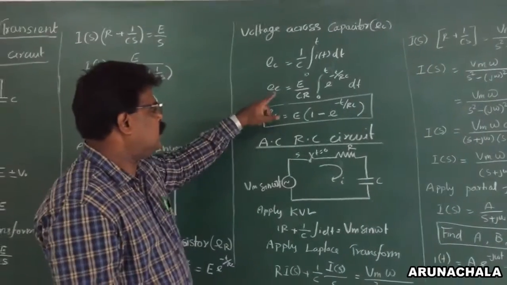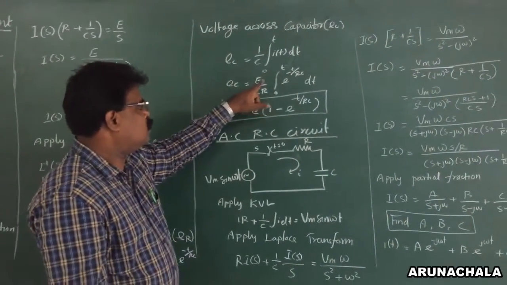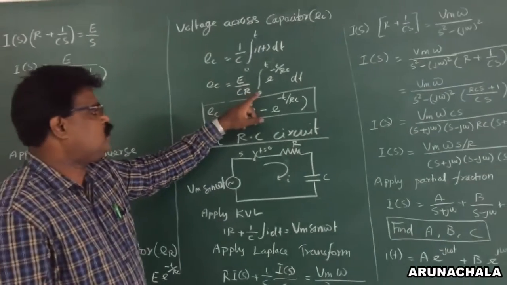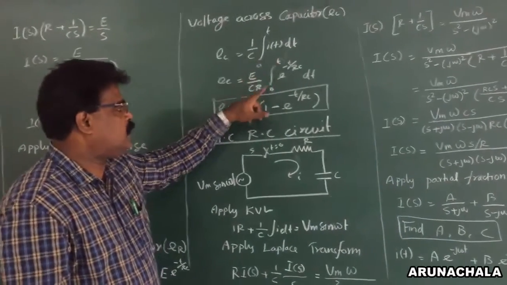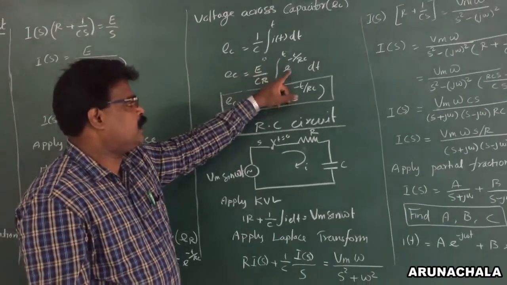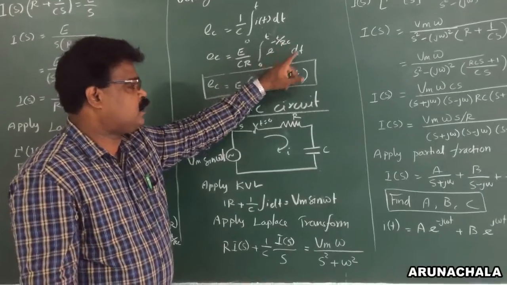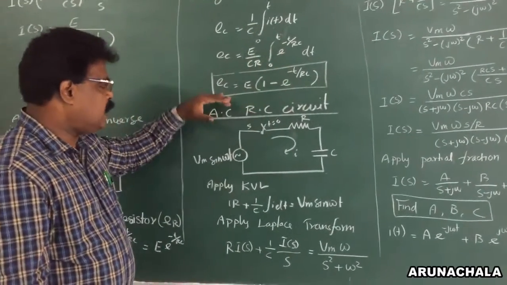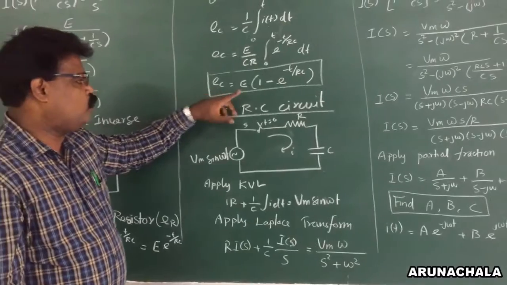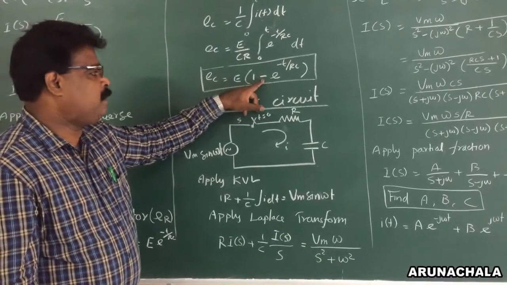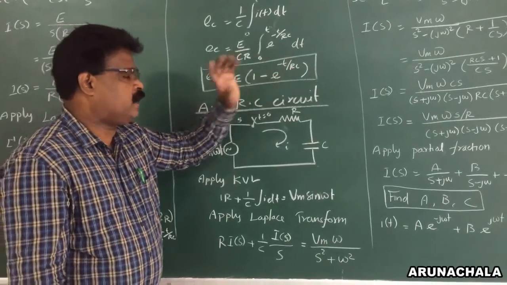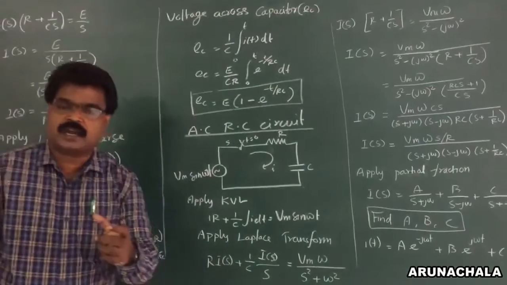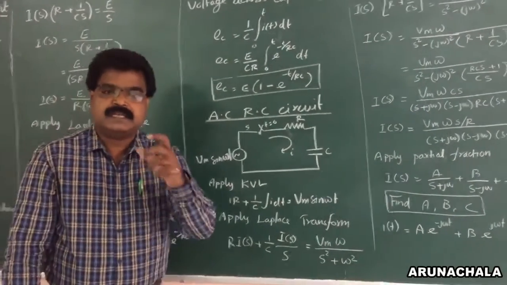If you substitute I of t here, then EC is equal to E divided by CR into integral 0 to t of e power minus t divided by RC into dt. If you integrate and substitute the limits, finally you will get EC is equal to E into (1 minus e power minus t divided by RC). So this is the expression to calculate the voltage across the capacitor at transient.